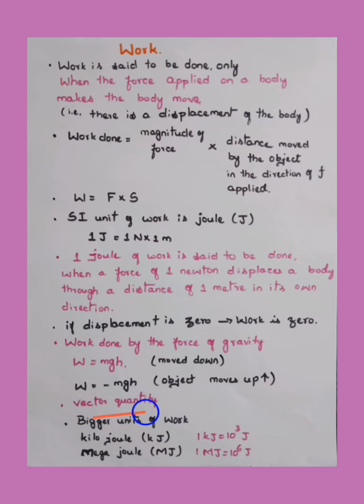There are a few more units, that is bigger units of work: kilojoule, megajoule, gigajoule also we go for next. Find out how much 1 gigajoule is. Okay, 1 kilojoule is equal to 10 to the power of 3 joule. 1 megajoule is equal to 10 to the power of 6 joule. So usually this may not be asked, but just to know a few more additional points.